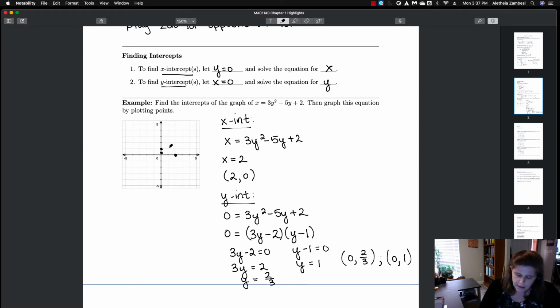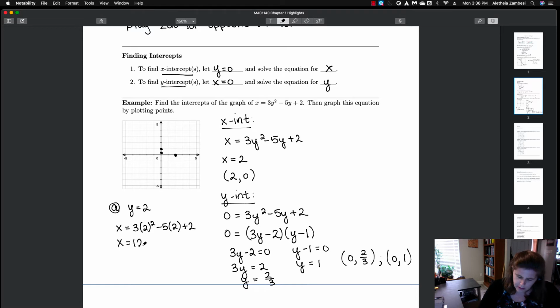But if I want to see where y is going to end up a little higher, let's say we plug in 2 for y. So if y is equal to 2, then we can potentially get an x value where that occurs. So x is equal to 3 times 2 squared minus 5 times 2 plus 2.